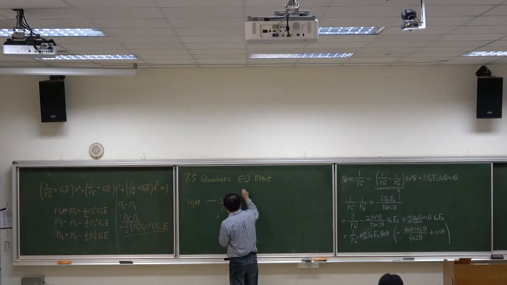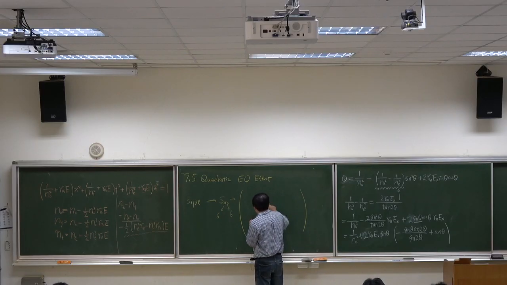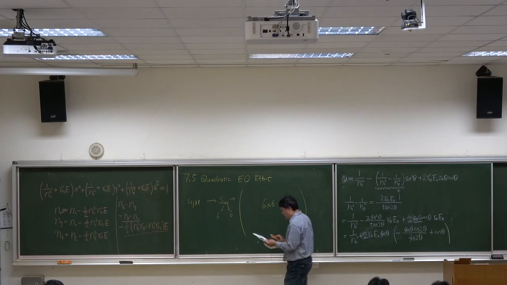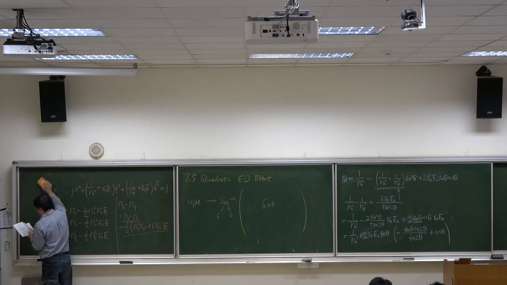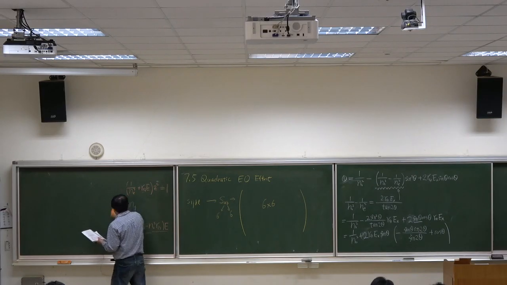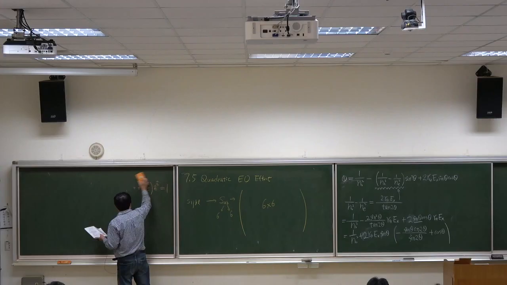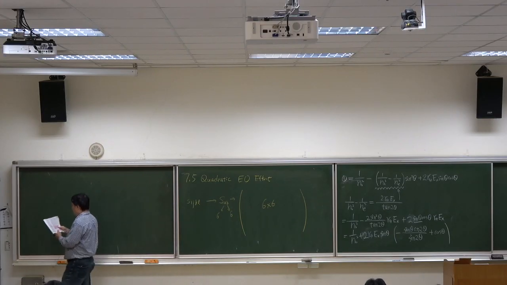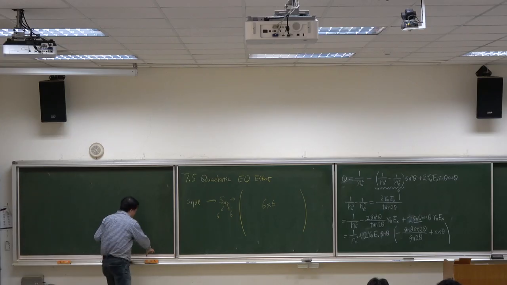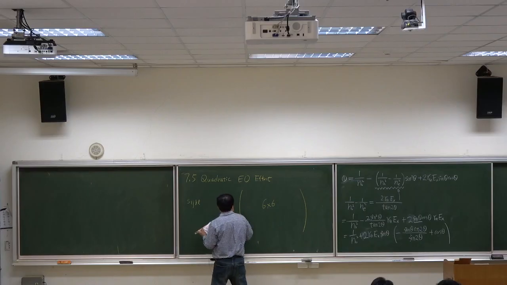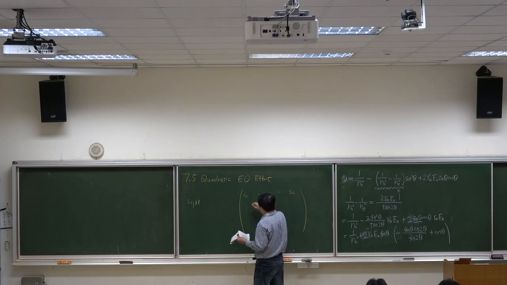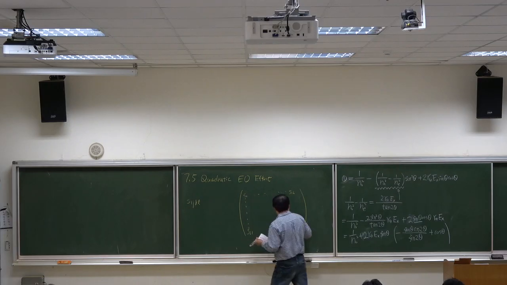Here A contains 6 independent indices, and B corresponds to 6 independent indices. Then SAB is a 6 by 6 matrix. So this means that we now have S11 to S16, S11 to S61, S11 to S66.